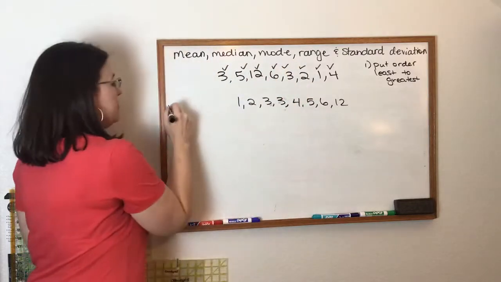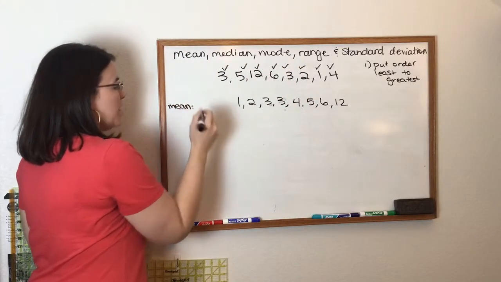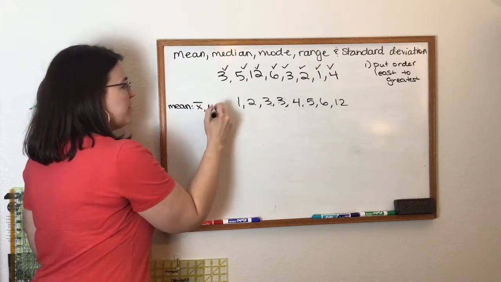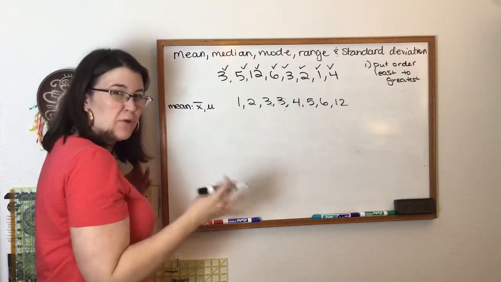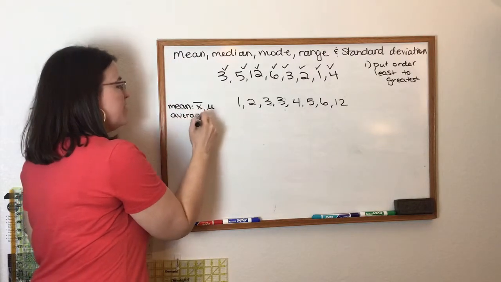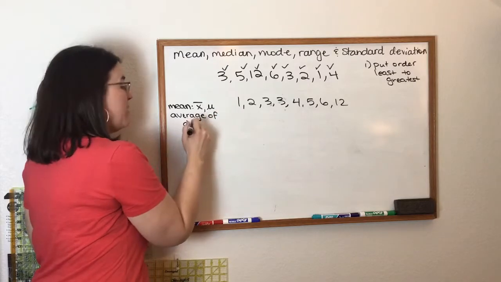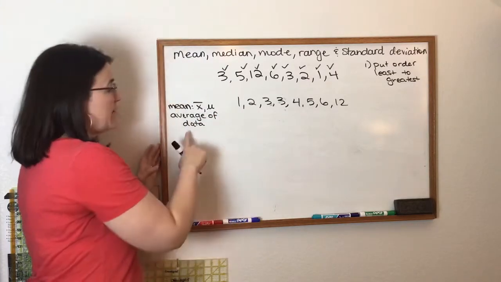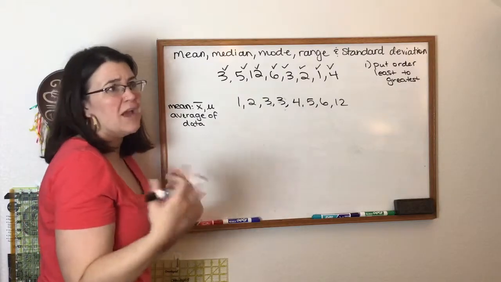All right, now mean, which can be represented by x bar if it's a sample, or mu if it's a population, and a lot of times people use them interchangeably, is the average of the data. Most people have found mean before when you talk about finding your grade on something. If you have 2 tests, what's the average of the tests?